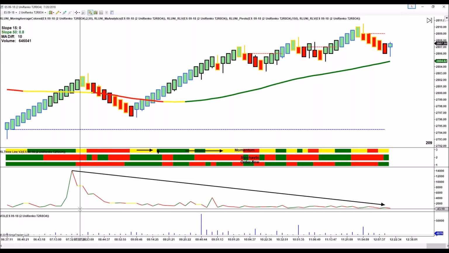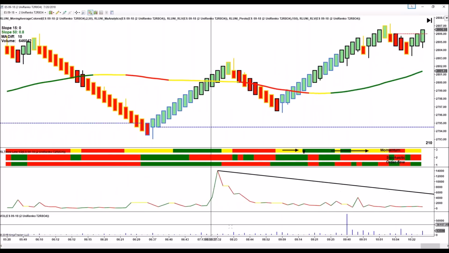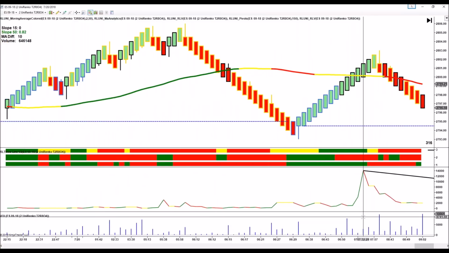And then if we go back here, we can see where this volume spike was. Now, when you saw this in real time, this has real validity because it's only time dependent.